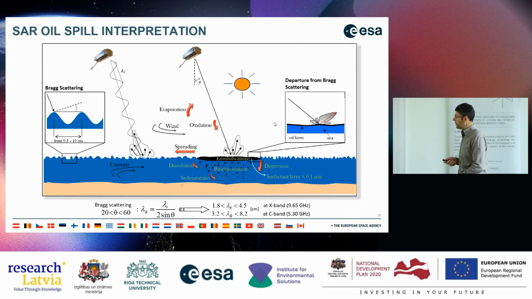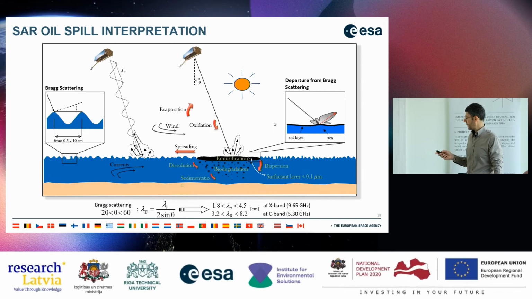Let's dive a little bit into how this is happening and why you see dark as an oil spill is happening in a SAR image. So these illustrations give you a complete picture of what is happening.